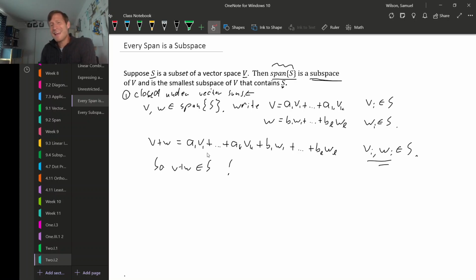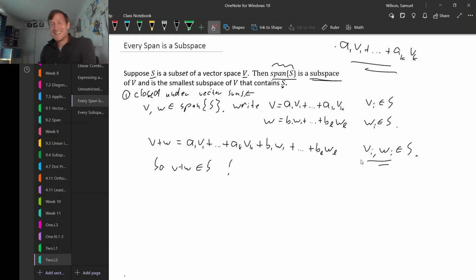Now you might complain that, hey, isn't it possible that some of the V sub i's and W sub i's are actually the same? Wouldn't that cause a problem? Well, that doesn't cause a problem, and there are two reasons. The first reason is that in this definition of linear combination that we wrote down, there is no requirement that the vectors that show up in this sum are different. So it's possible to have repeated vectors and it still counts as a linear combination.